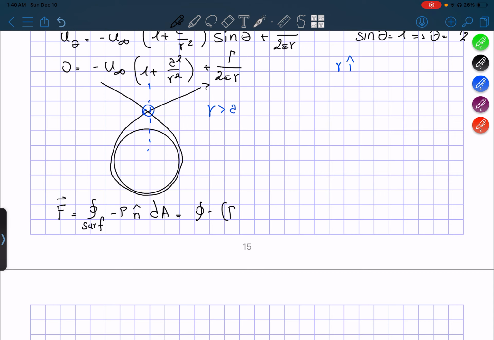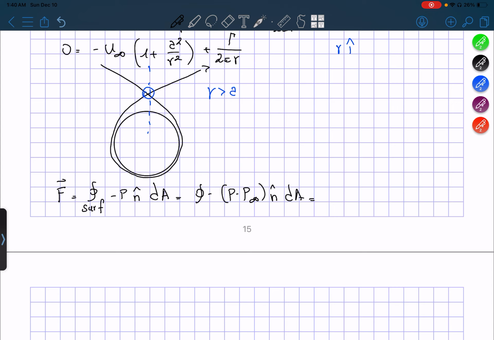So negative P minus P infinity, n hat dA. And so we have, of course, we can substitute what we found earlier for our pressure coefficient. So 1/2 rho u infinity squared times our Cp n hat dA.